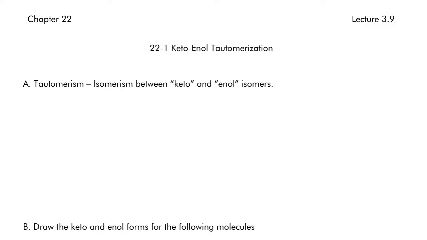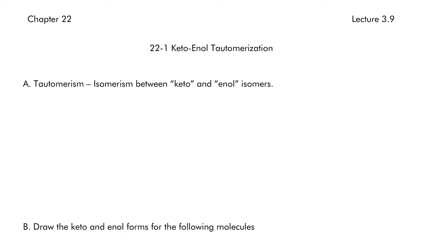So to get started learning about the chemistry of the alpha carbon and the alpha hydrogen of a carbonyl system, we need to learn about a fundamental process that occurs with all aldehydes and all ketones and carboxylic acids and esters, actually any carbonyl system that has an alpha hydrogen on it. Any carbonyl system that has an alpha hydrogen on it undergoes a phenomenon known as tautomerization.